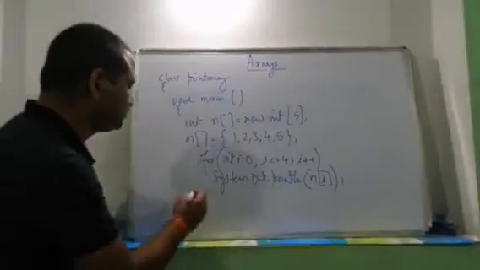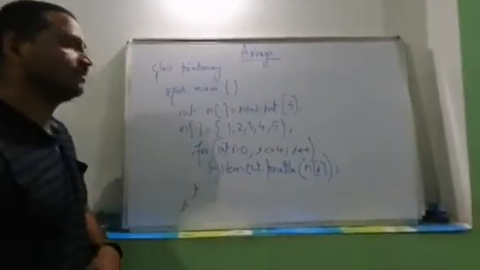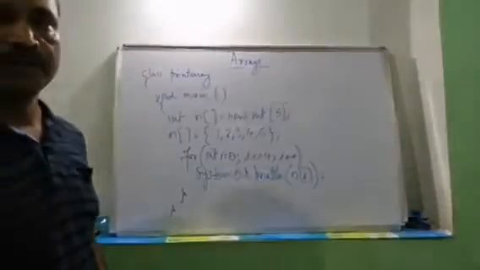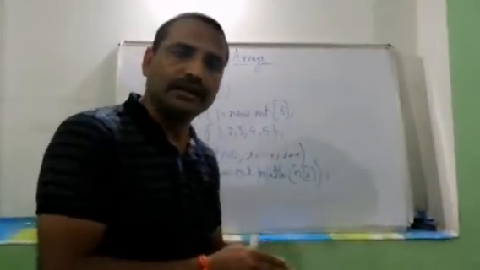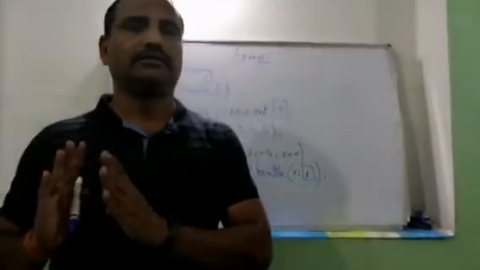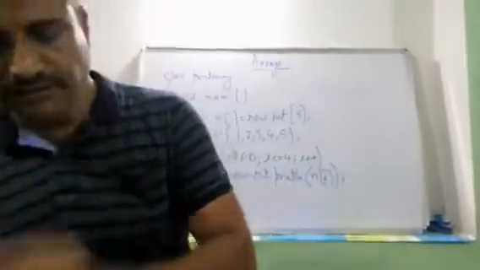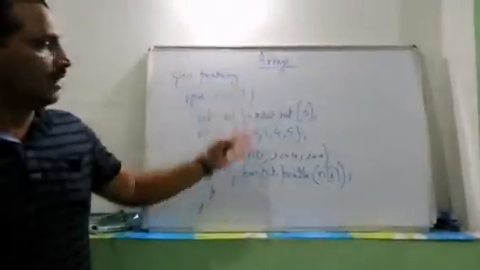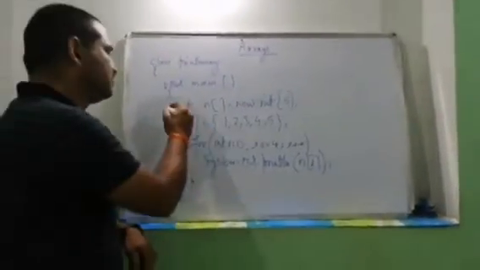Now we have to close this main function and class. This is a small example to store values in the array variable and to print all the values in different lines. So let's see how this program will work. This is the declaration.